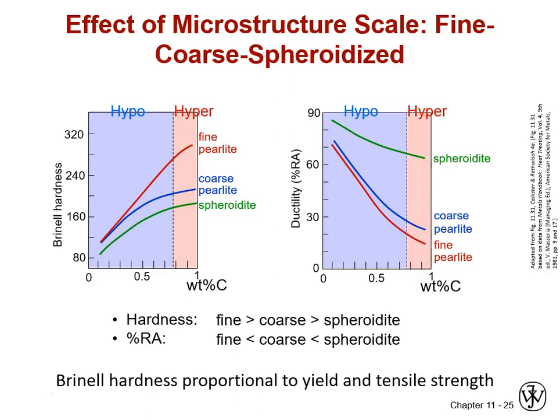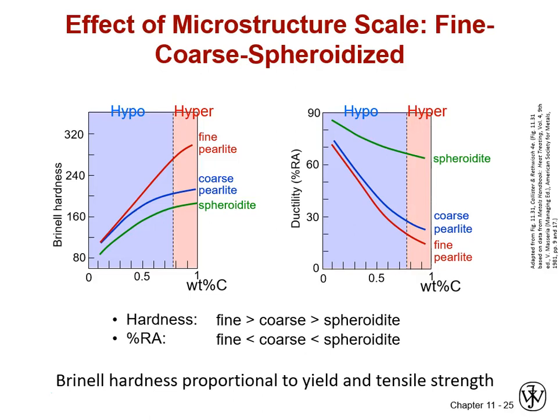This is sort of a large-scale hardness test, which can be thought of as an average of yield strength, tensile strength, and so gives us an indication on that side. And then ductility and reduction in area being our indicator of also fracture toughness as well as ductility for forming.